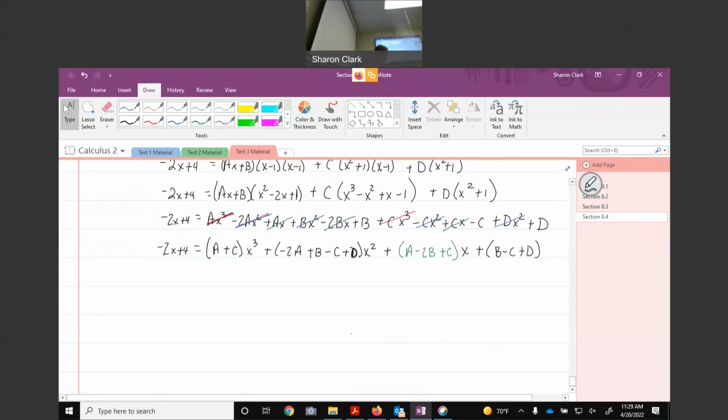Now coefficients. In the left part, there is no x cubed and no x squared. So what number represents none? Zero.